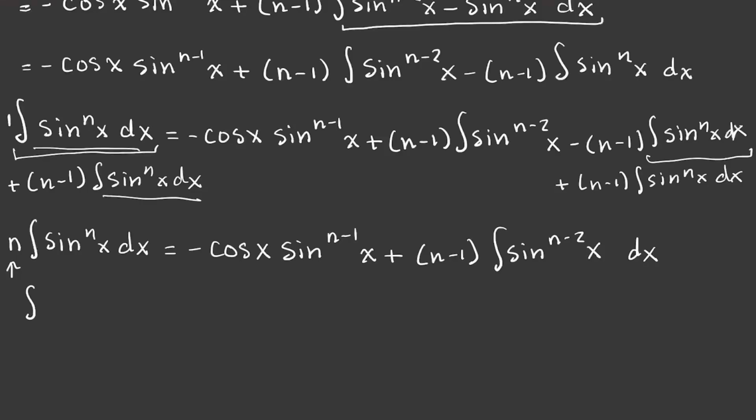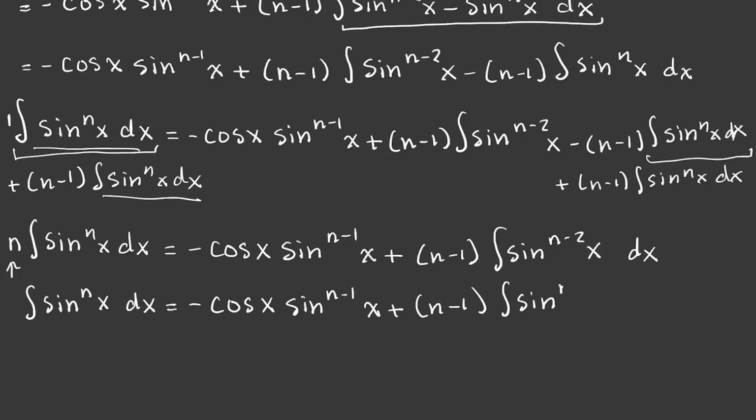So by dividing both sides by n, I would obtain the integral of sine n of x dx equal to negative cosine of x sine n minus 1 of x plus n minus 1 integral of sine n minus 2 of x dx, all over n.